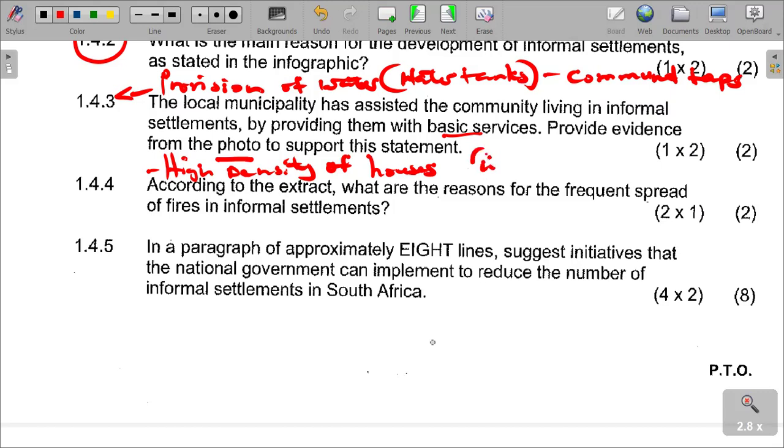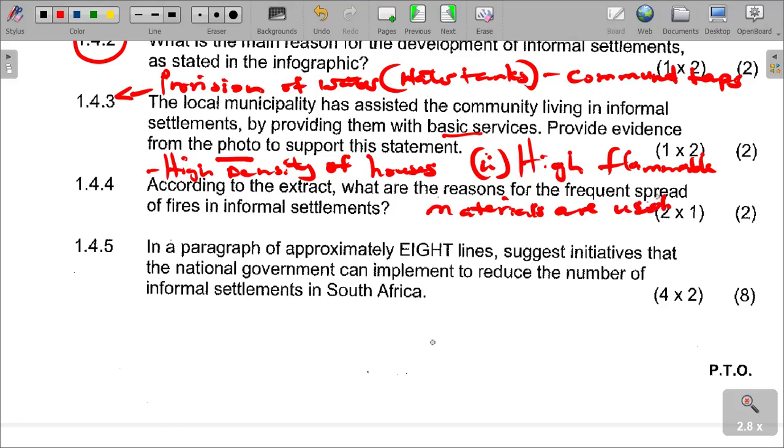It is one of them to say that the houses are built so close to each other, and then we also have the problem that highly flammable materials are used.